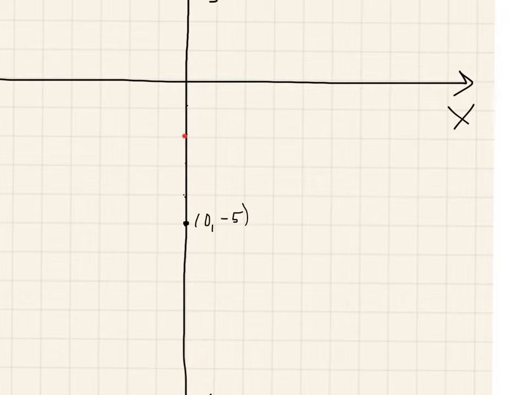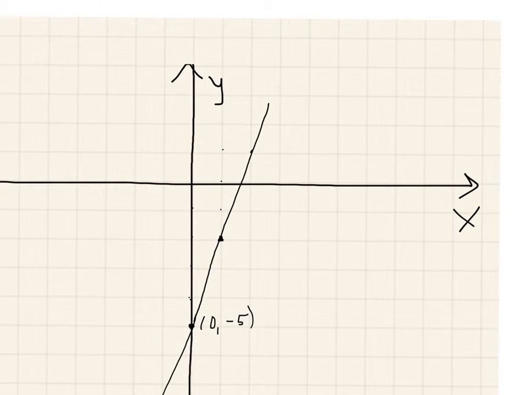There's my up 3 over 1, and then I get my new point here, and I can keep going, 1, 2, 3 over 1. If we connect these points with a straight edge, make sure to draw arrows because this line does go to infinity.